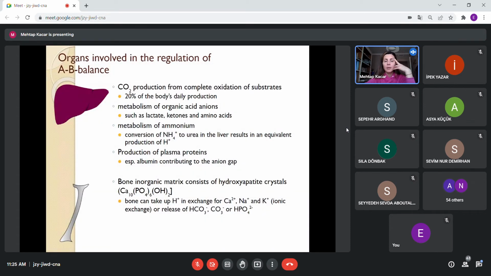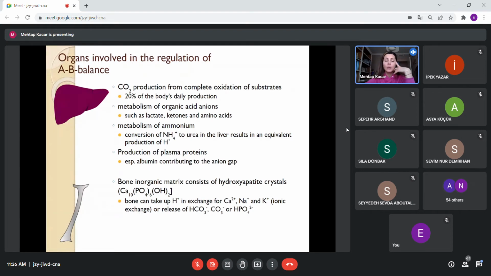Carbon dioxide is produced from complete oxidation of substrates, and 20% of the body's daily production is dependent on the oxidation reaction. On the other hand, metabolism of organic acids and ions such as lactate, ketones, and amino acids gives carbon dioxide. In metabolism of ammonium, conversion of ammonia to urea in the liver results in equivalent production of hydrogen ion.